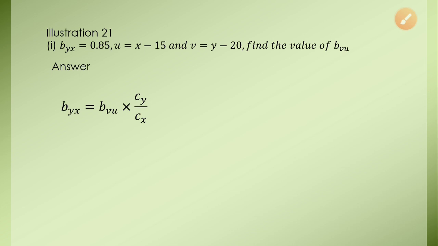So U is equal to x minus 15, with nothing in the denominator, so it is 1, and in the same way V is equal to y minus 20, with 1 in the denominator. So Byx is equal to 0.85, BVU is not given, you have to find it, and Cy and Cx are 1 and 1. So your answer for BVU is 0.85. You got my point? Yes.